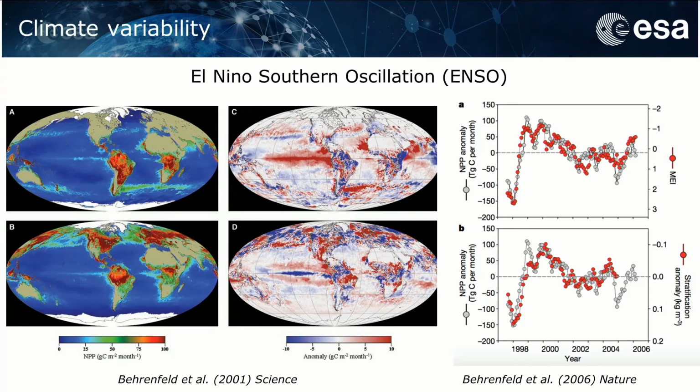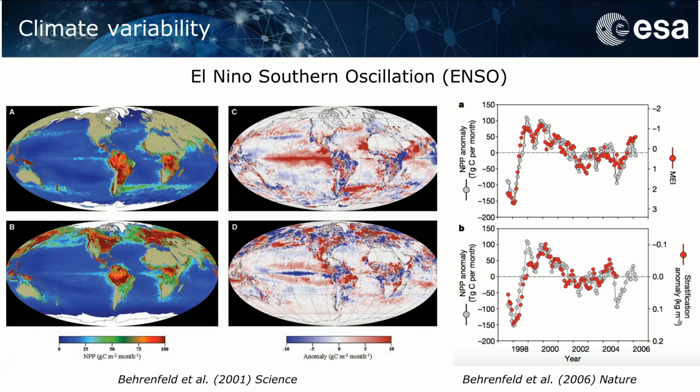There were some nice papers that came out in the early 2000s looking at El Niño Southern Oscillation and how that impacts ocean productivity. This nice paper in Science looked at the big ENSO event we had in 97, 98, 99, showing how the oceans respond to these changes in climate, particularly in the Pacific Ocean, but also globally.